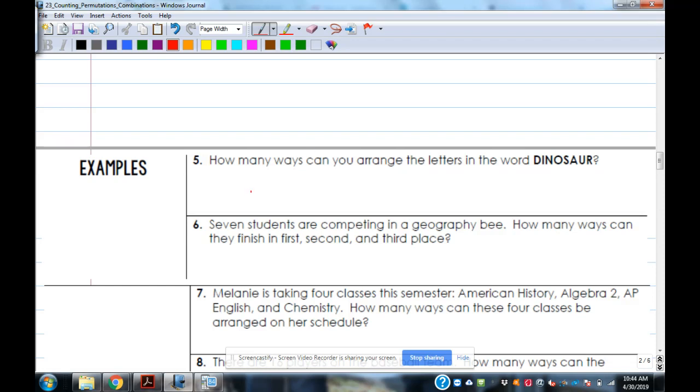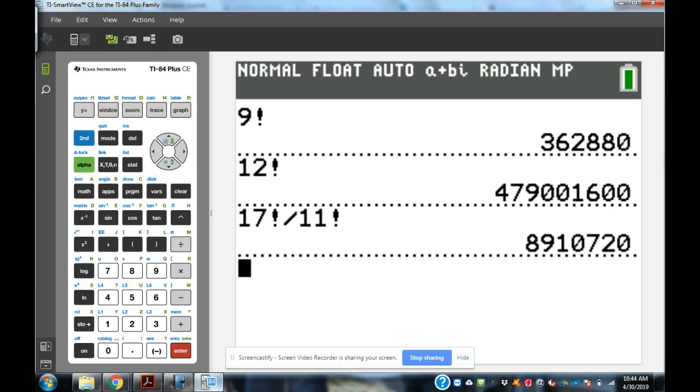Okay, so if we're going to arrange that, the key word is arrange, so we know that's a permutation. It's going to be 8 letters, and it didn't say arrange 4 of the letters. It just said arrange those letters. So our permutation is going to be for 8 of them. And we know that the shortcut to that is 8 factorial, but I'm going to show you both ways to get the permutation with your calculator.